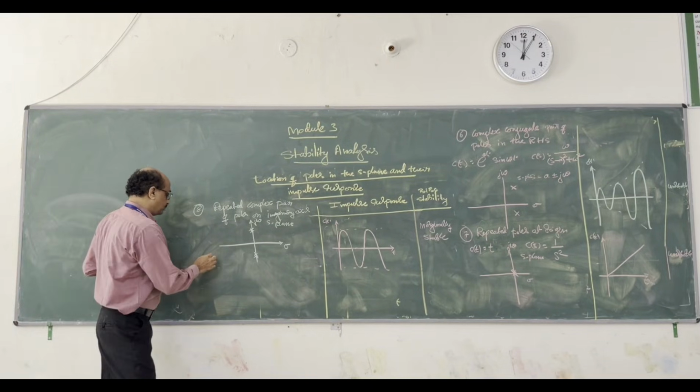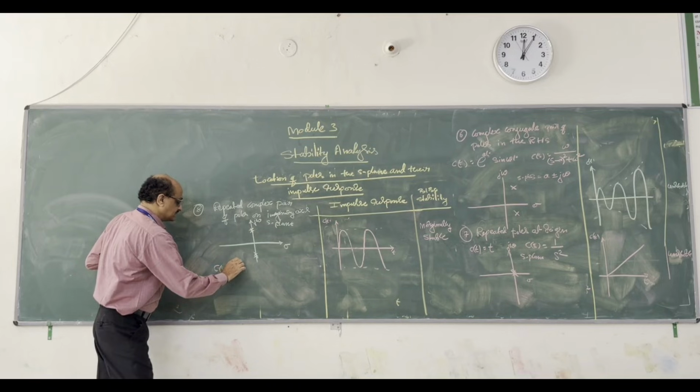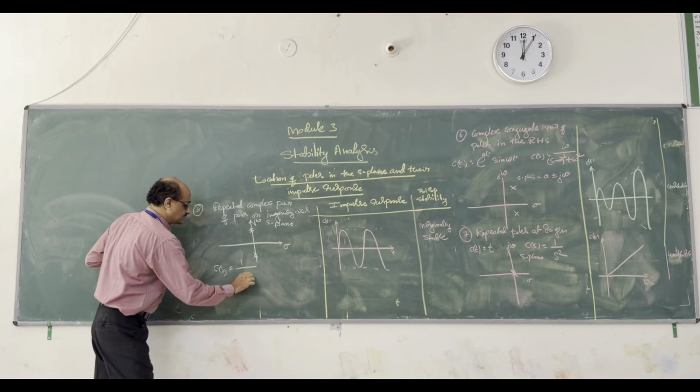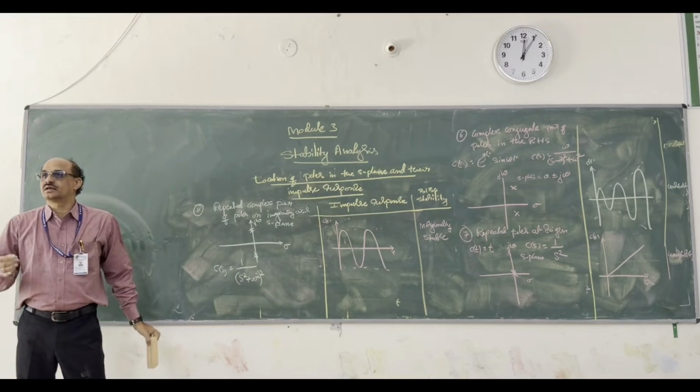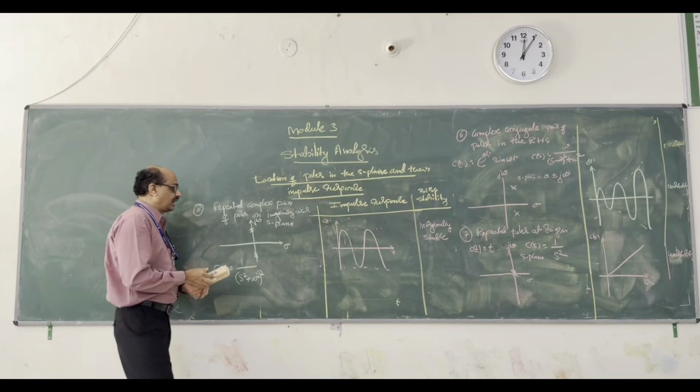Just write the characteristic equation, it is (s square plus omega square) whole square. All poles are there on the imaginary axis.